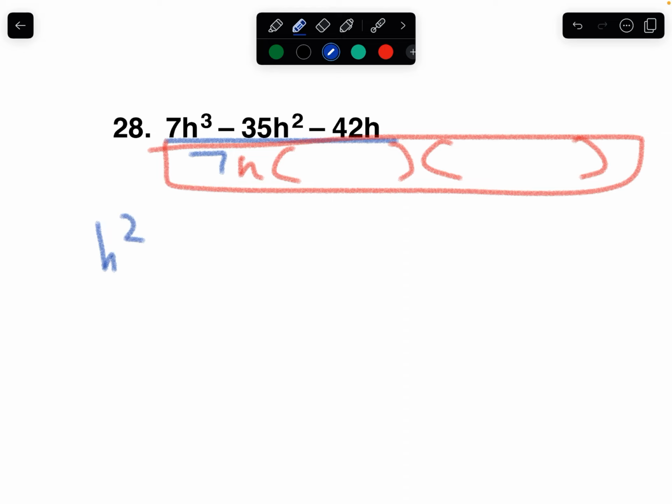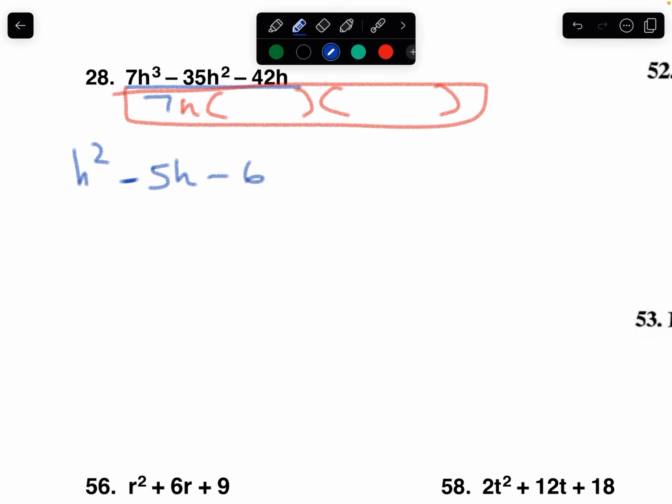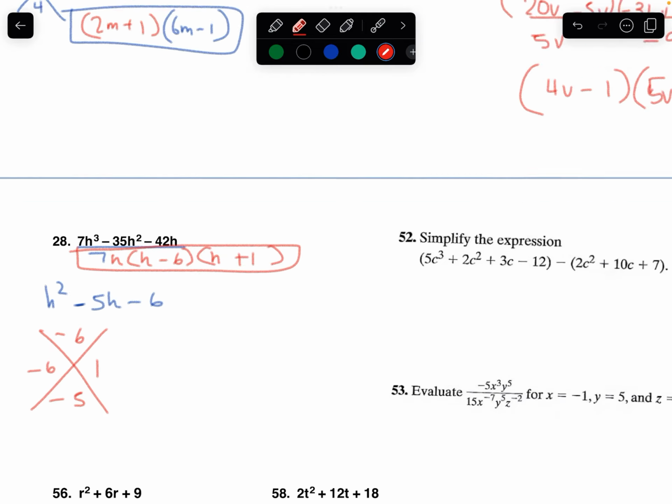You get negative 5H, and you get negative 6. Oh, look, you don't have to do it by grouping. You just do the magic X: negative 6, negative 5, negative 3, and negative 2. Nope, that'd be a positive. So negative 6 and a positive 1. So your answer is H minus 6 and H plus 1. Does it say to check? Nope.